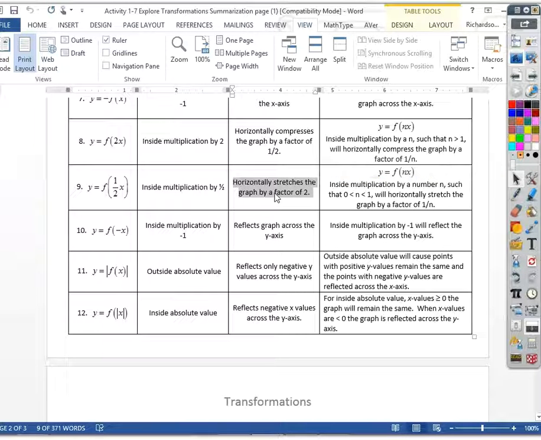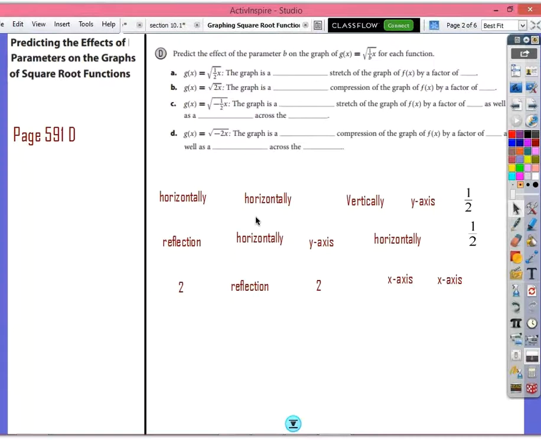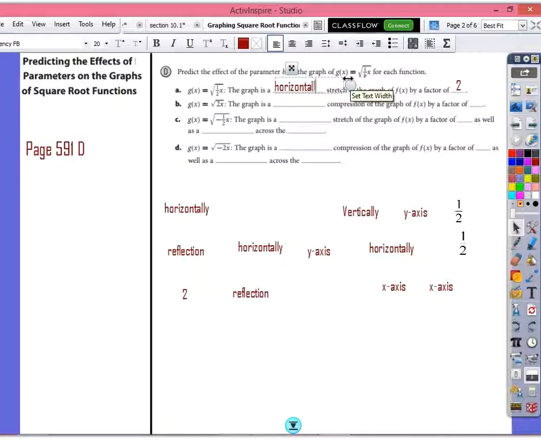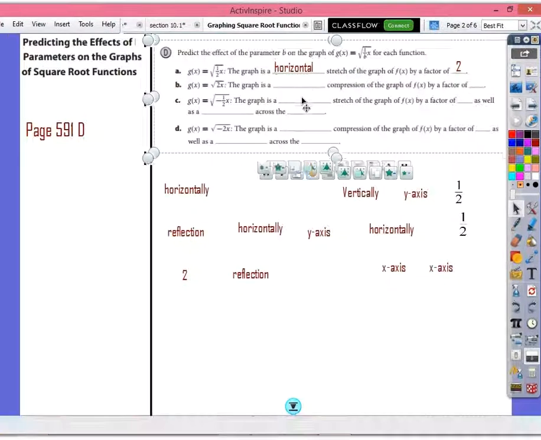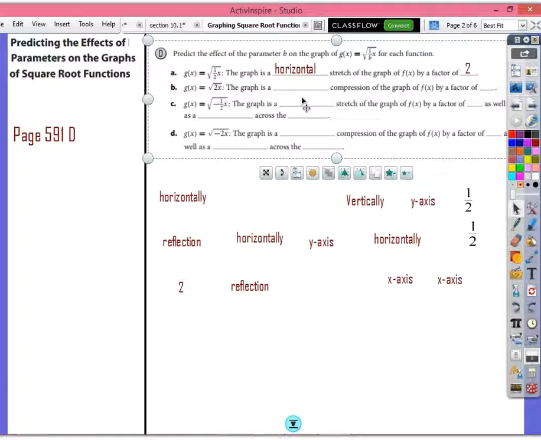All right. So we can say the graph is a horizontal stretch of the graph of f of x by a factor of 2.